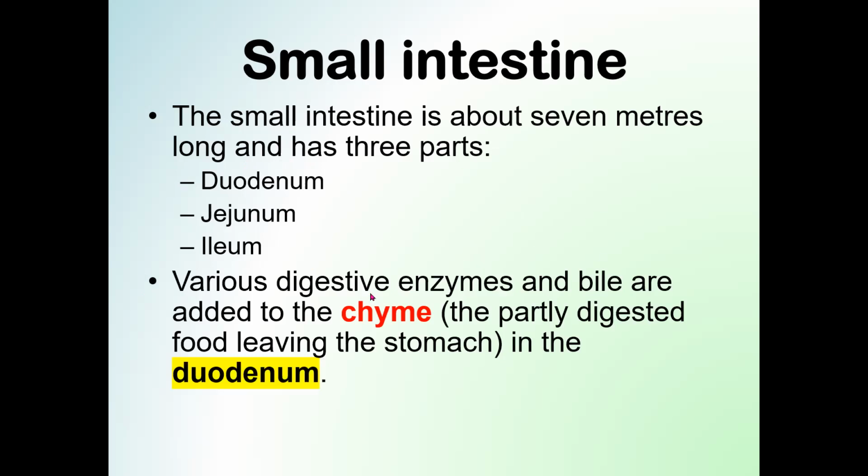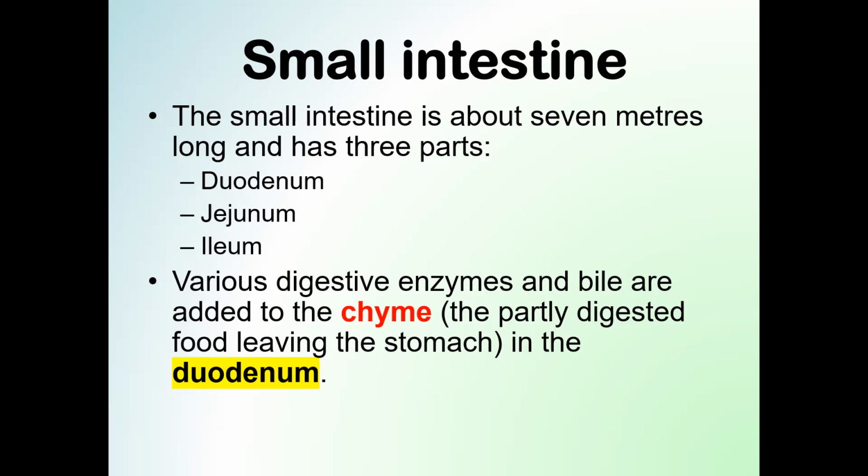So there's the chyme that comes out of the stomach. Are mixed with the enzymes and the bile. Now, the bile comes from the gallbladder, which is part of the liver, into the duodenum, mixes it, and it starts the digestion process.